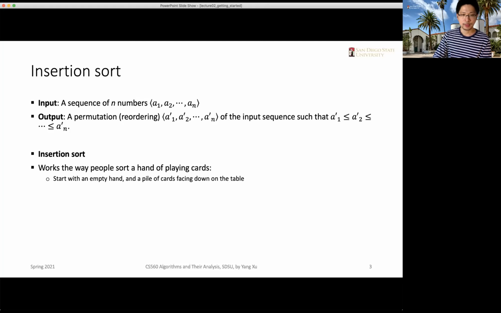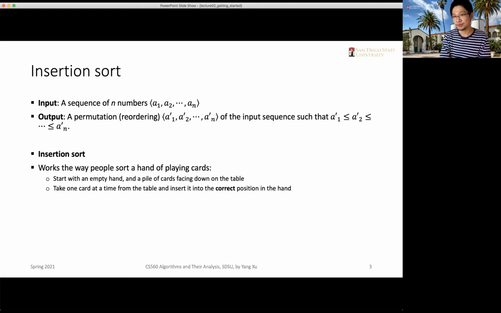And let's think about the scenario. We start with our hand empty, okay? And we have a pile of cards facing down on the table. Then what we do in the game is that we take turns to take one card at a time from the table, and then insert that card into the correct position in our hand.